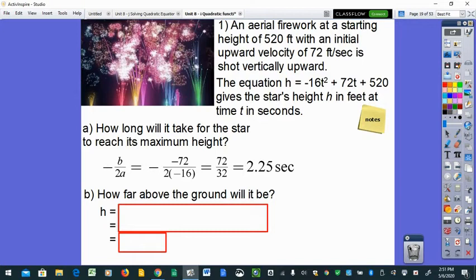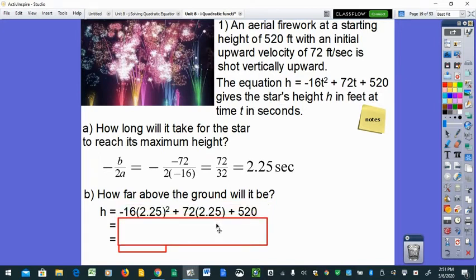How far off the ground will it be? So at 2 1/4 seconds, it will be at its maximum height. But what will that height be? That 2.25 is going to replace these t's, and I'm going to do the math in the calculator, guys. So this goes into the calculator.